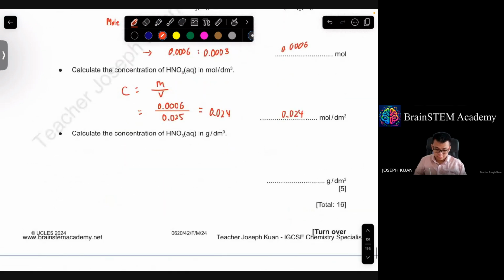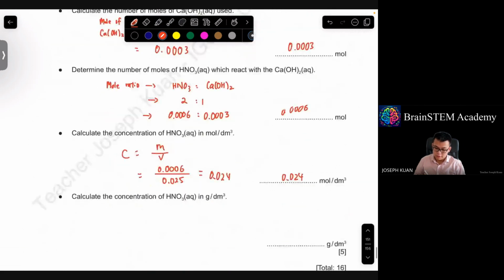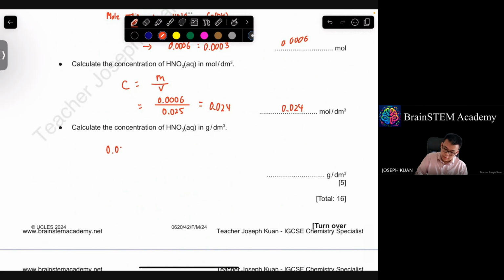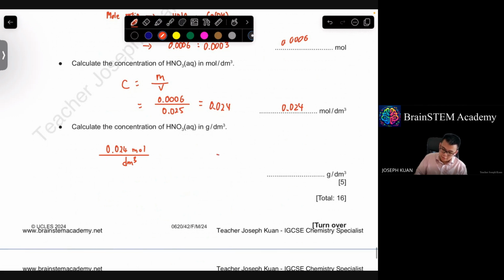Let's move on. Calculate the concentration of nitric acid in gram per cubic decimeters. So we have the concentration of nitric acid in mole per cubic decimeters. To find out the concentration in gram per cubic decimeters, you will have to multiply by molar mass, because molar mass has a unit of gram per mole. So what's the molar mass of nitric acid? Which is 1 plus 14 plus 16 times 3.